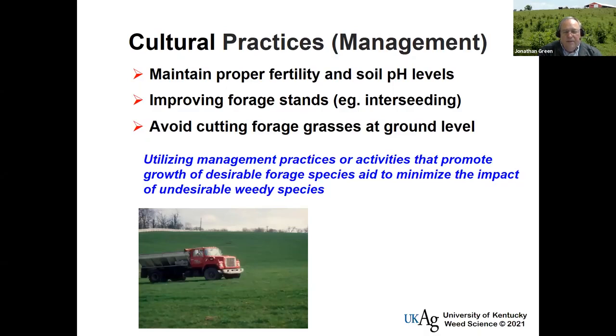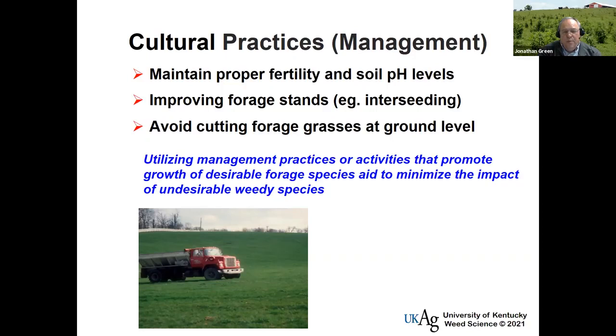And then particularly for hay production, we need to try to avoid cutting the forage grasses for hay at ground level. And that may be an extreme that I've listed there, but basically the point I'm getting at is in a hay field, when we have our flush of growth in the spring of the year, there's a lot of weeds we don't see because they haven't germinated yet.